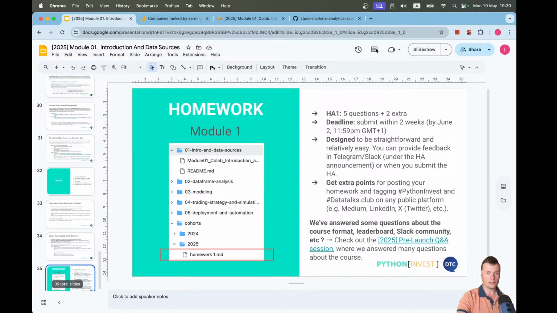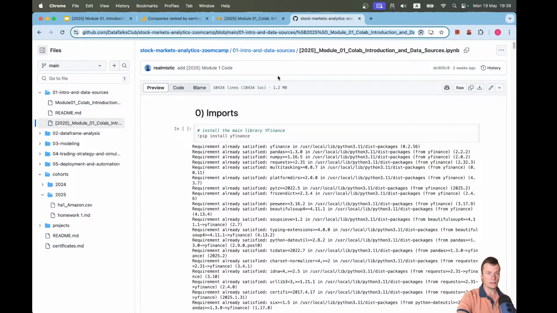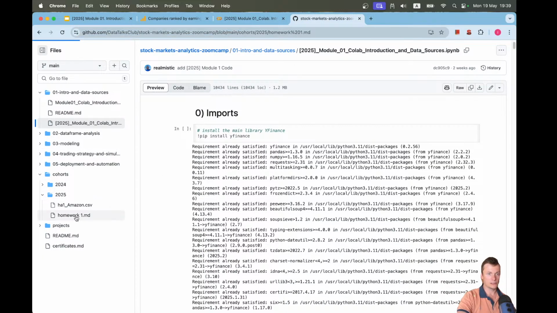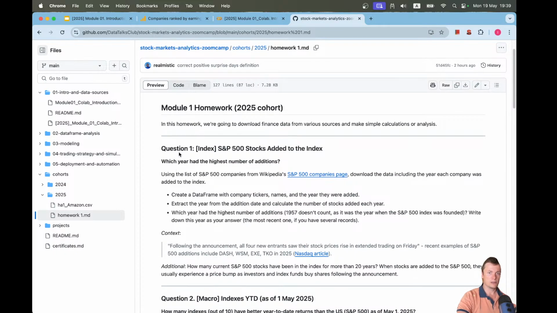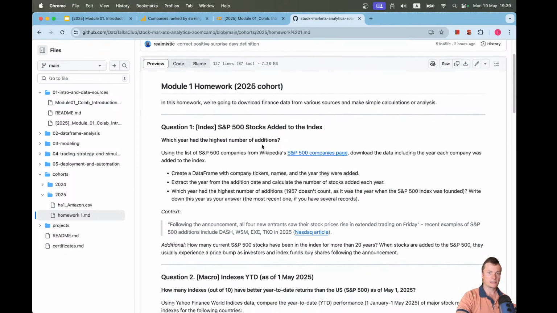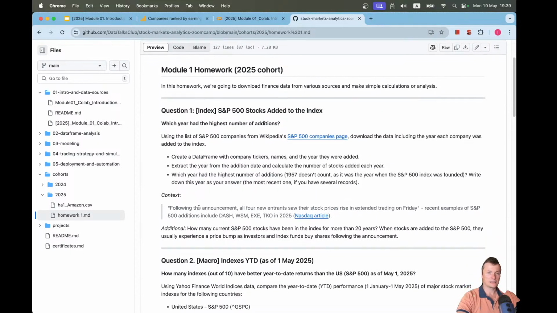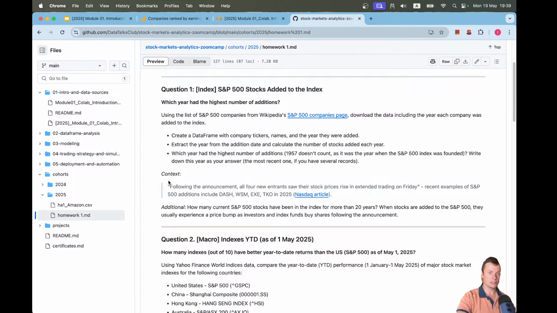And we can check the homework, so it's here. There are questions, S&P 500, there are links. You can see the context just for you to understand what to expect, why I ask these questions, and what should be the answer.